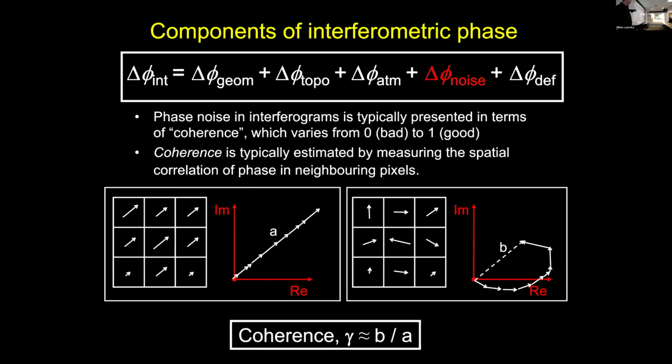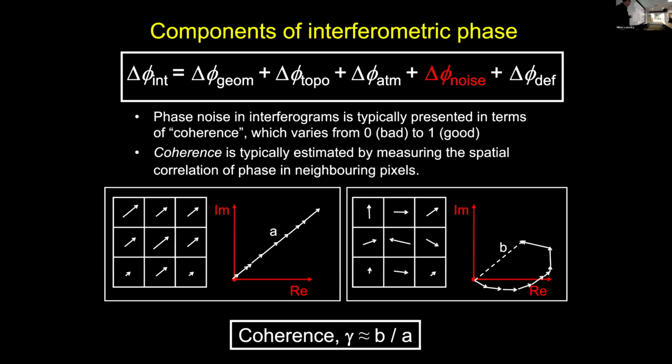Now, what we're assuming here is there's no real phase variability in the deformation. If the deformation also varies between those different pixels, then this coherence measure wouldn't be a measure of coherence, it'd be a measure of just the variability in the deformation. And that can be a problem if you're in a high gradient area near an earthquake. But essentially, this is one way of estimating it.